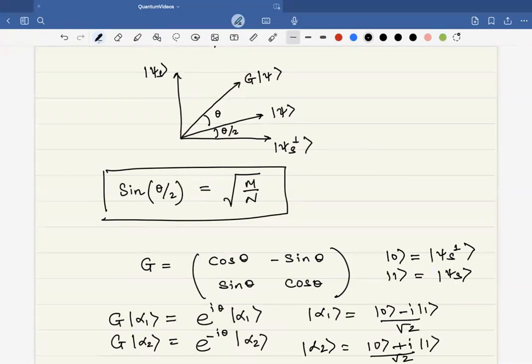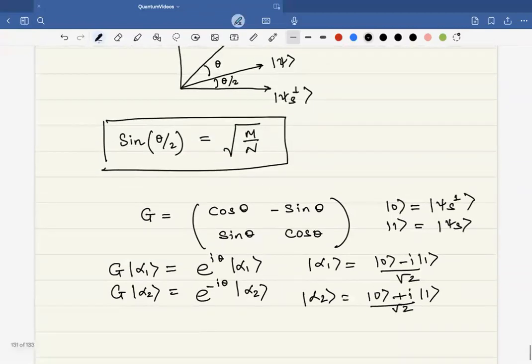Right. So the idea is that we run a phase estimation algorithm with the unitary to be G, and then estimate theta and use this relationship to estimate m.